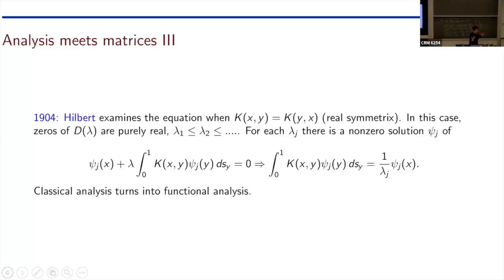And so when you start thinking about decomposing a differential operator or the action of a differential operator in terms of standing waves, that's where classical analysis turned into functional analysis.